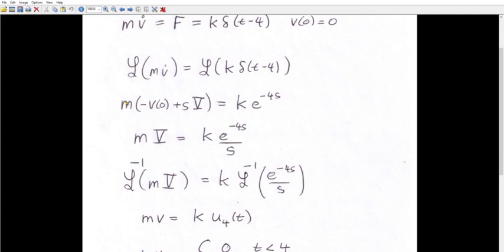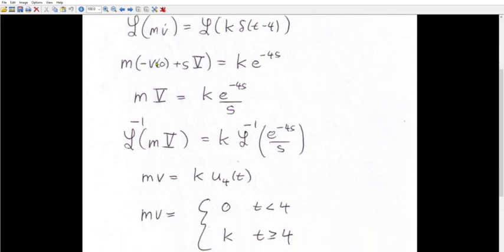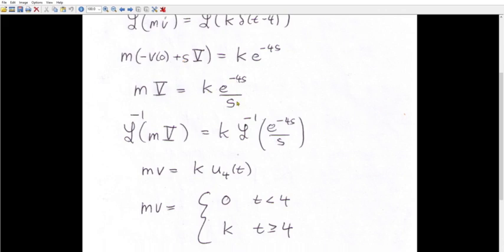This is going to be m times the Laplace transform of v dot, which is minus v of 0 plus s times cap V. This is k times the Laplace transform of delta of t minus 4, which we saw was e to the minus 4s. Now, v of 0 is 0, and we'll have on this side m times s times V. So we will divide by s, and we get m V is k e to the minus 4s over s.